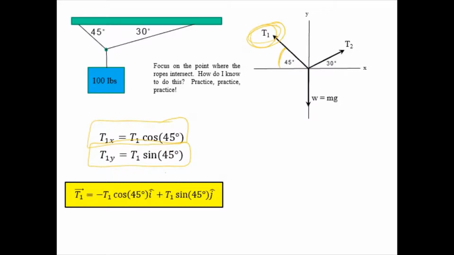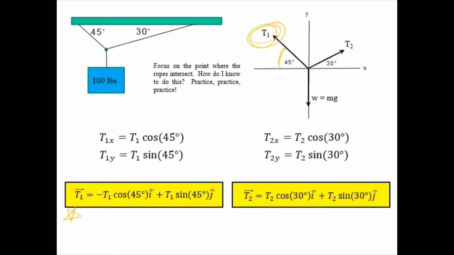So I go ahead and do that, and of course, because I don't know T1, I can't get a numerical answer there yet, but I can at least get the vector set up and expressed in component form like that. And when I do that, I typically draw a box around it because that's the key thing I'm interested in. I want the vector in component form. All right.